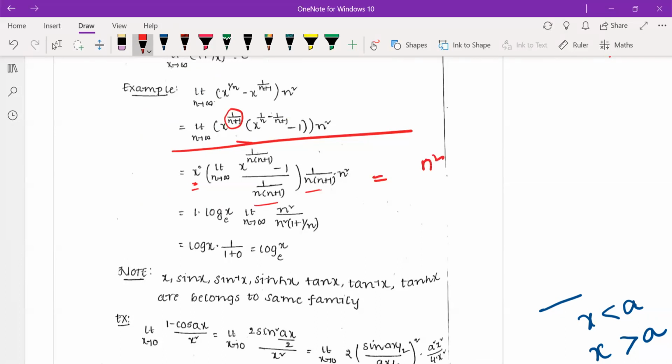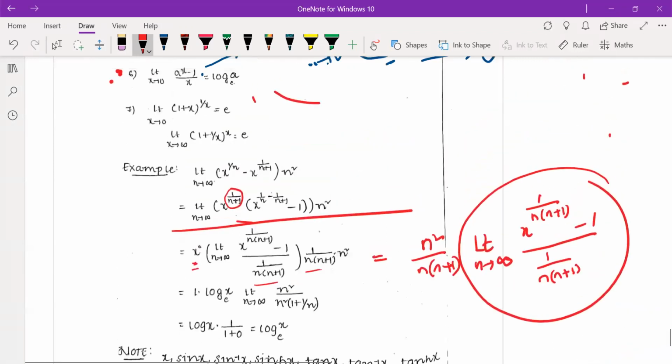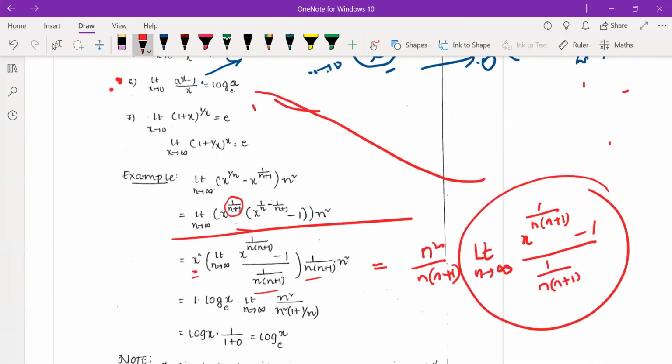You have to be more clear with n. I am just rearranging the terms. Into limit n tends to infinity, x power 1 by n into n plus 1 minus 1 by n into n plus 1. So we have to evaluate this limit. As I have already said, this looks similar to this one, where here a is the constant, but here x is the constant. But the limit here is x tends to 0, but here n tends to infinity.